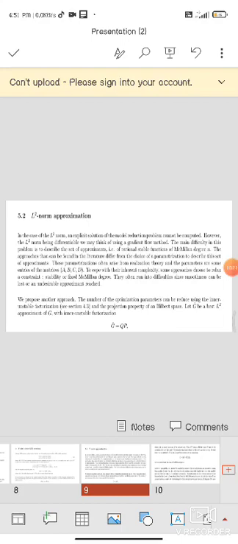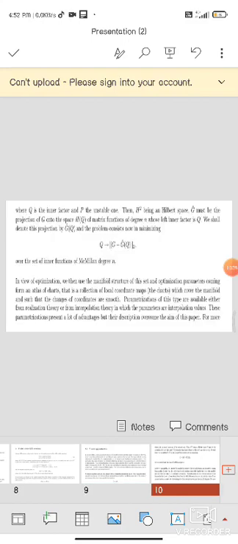The approaches found in the literature differ in the choice of a parameterization to describe this set of approximations. They often run into difficulties since smoothness can be lost or the method becomes intractable. Where q is the inner part of the function, q belongs to G.